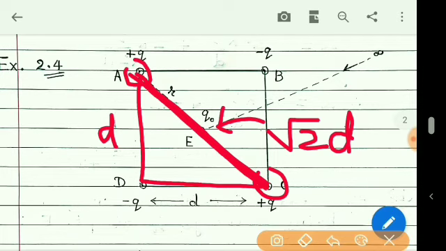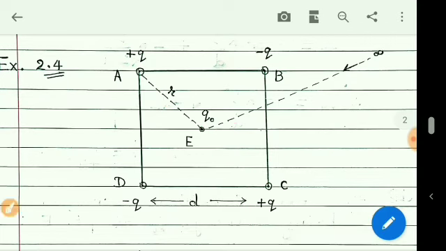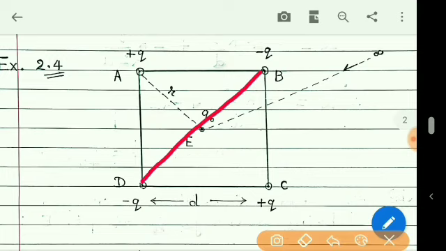So here the potential energy can be obtained, and that will be positive only, because both the charges are plus. Now if we find the potential energy of the second diagonal, that is B and D, then here both the charges are negative.